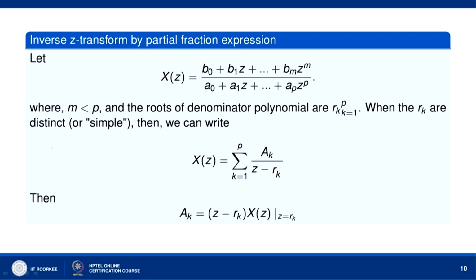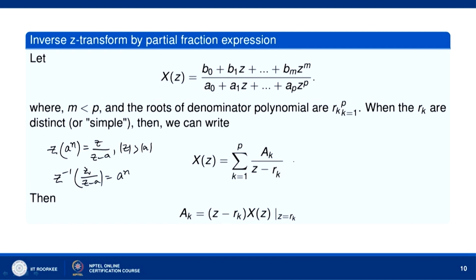We know that z transform of a to the power n equal to z over z minus a, where mod of z is greater than mod of a. So, z inverse of z over z minus a will be equal to a to the power n.